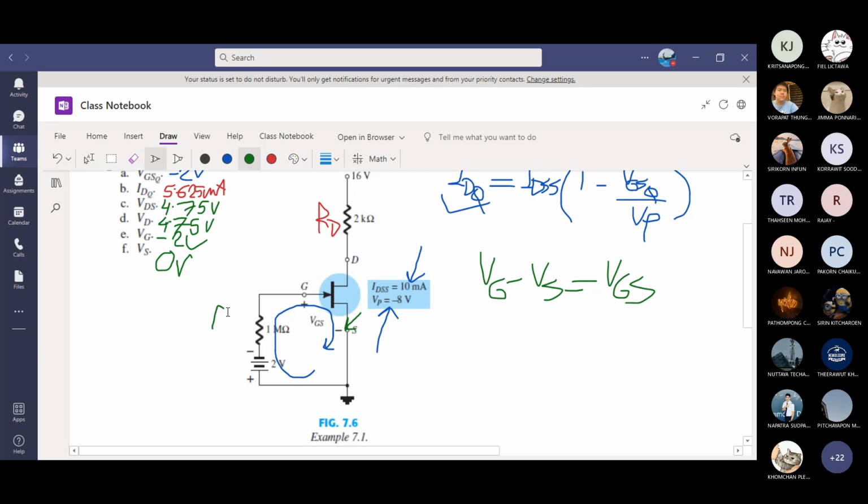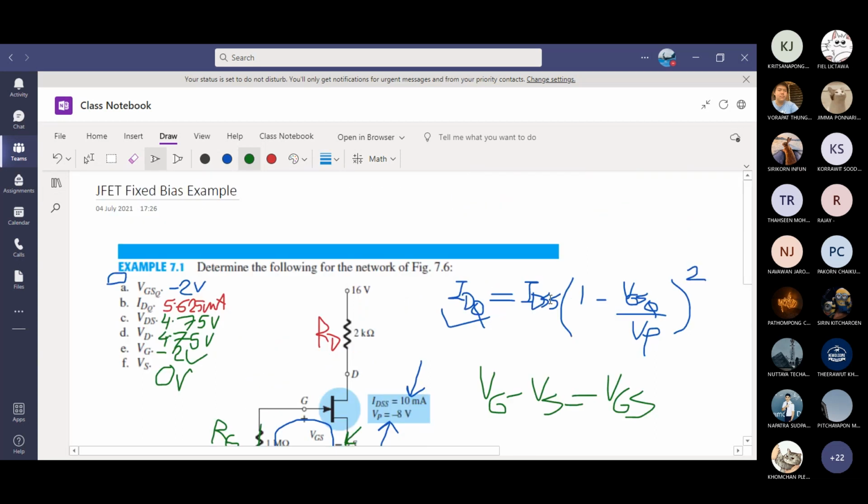This is RG. And since gate current IG is 0, we approximate the voltage drop as 0 times RG, 0 volts, and then short. This is an approximation. But really, that is RG. It is not VRS for sure.